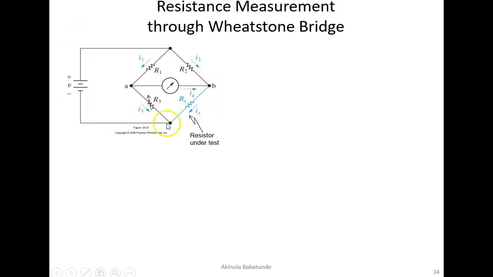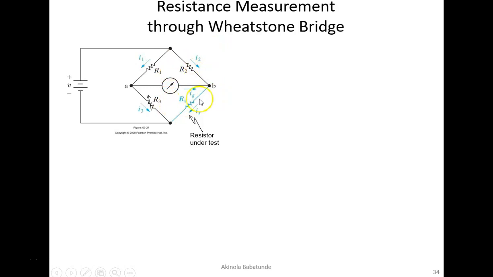Again, you will notice that from terminal A and terminal B, current flows down to the last terminal at the bottom here. That current is I3 passing through R3, and then we have another current flowing down here called IX passing through RX. The IG you see here is the galvanometer current.